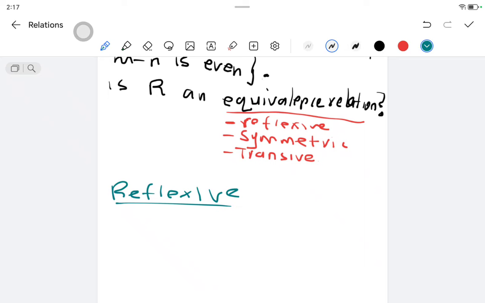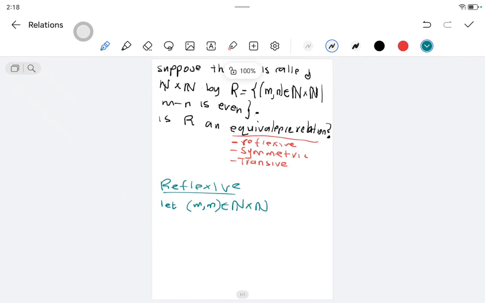We take some ordered pair. Let (m, m) be an element of ℕ × ℕ. When we check if (m, m) is an element of R, we apply the definition.